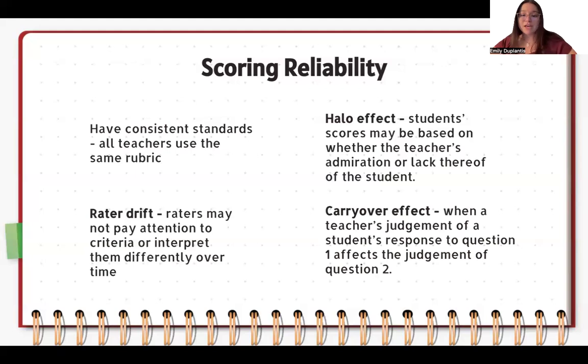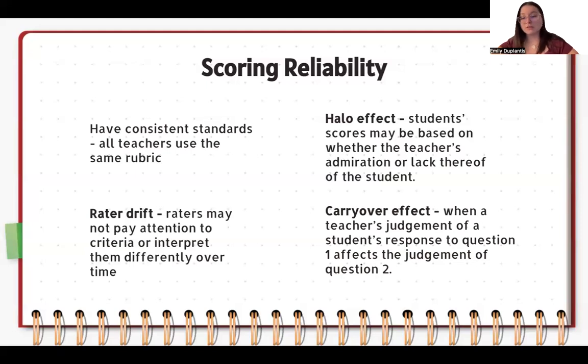The carryover effect. So that is why I explained earlier to judge or grade question 1 for everybody and then go back and do number 2 for everybody. And that's because what that student did for number 1 may affect your judgment on what that student responded for question 2.